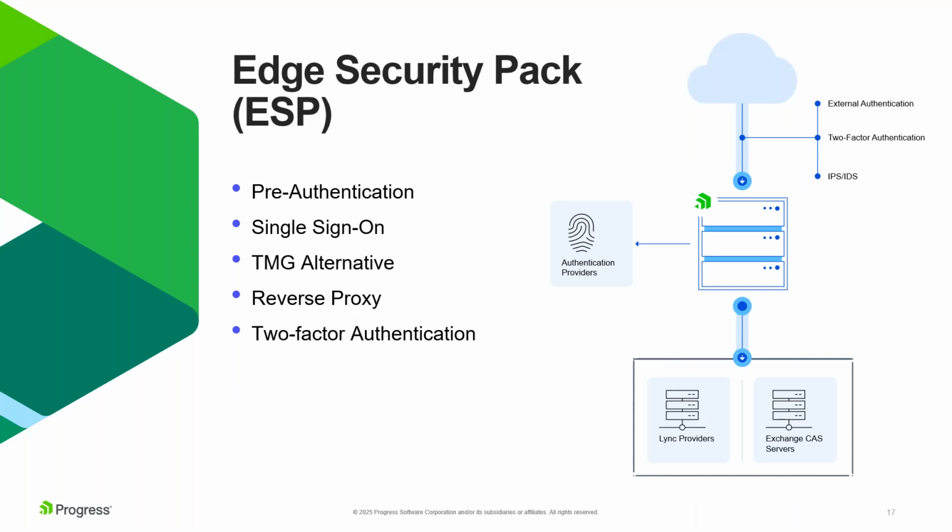Another thing I mentioned earlier was pre-authentication. We call our engine ESP, short for Edge Security Pack. It was built as a TMG replacement or alternative. When TMG was canceled, that was the load balancing solution Microsoft offered at one stage.